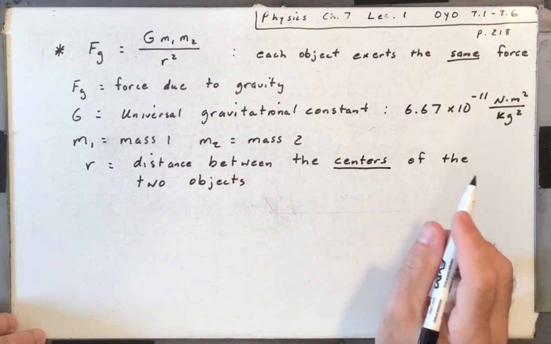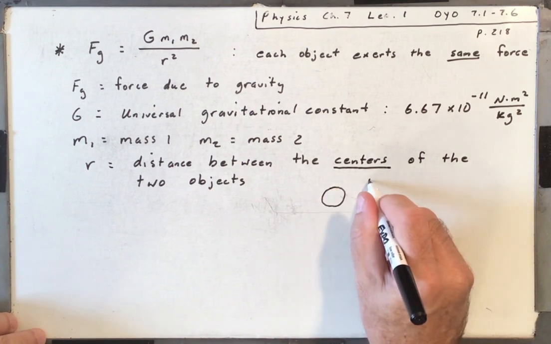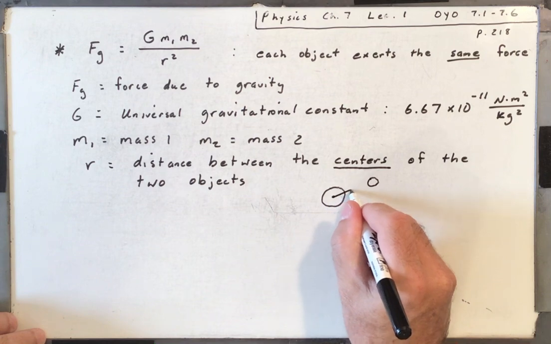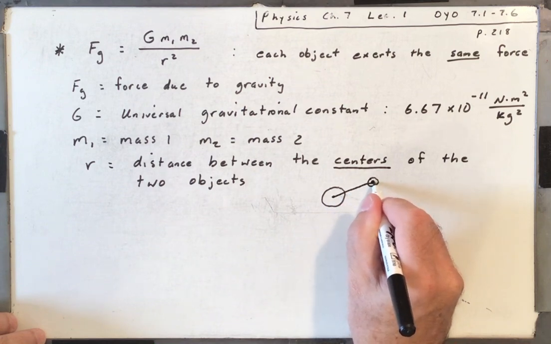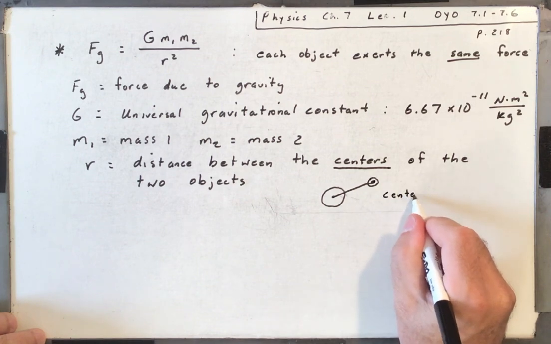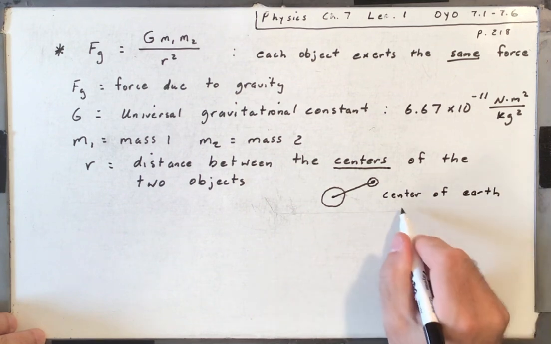All right, distance between. So, for example, if we have the Earth and the Moon, that radius r is the distance from the center of the Earth to the center of the Moon. Or it could be any two objects.